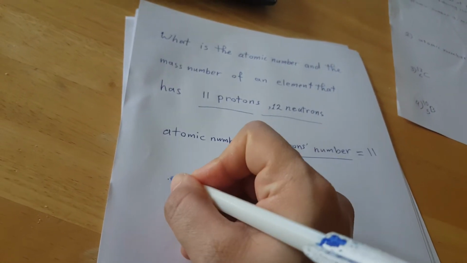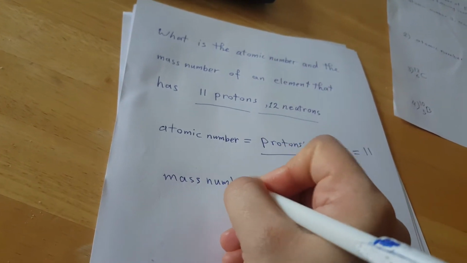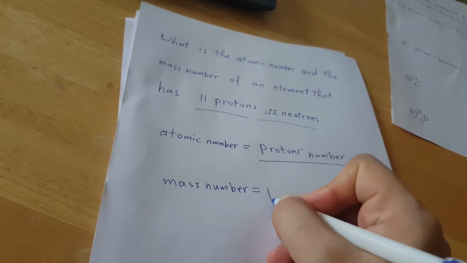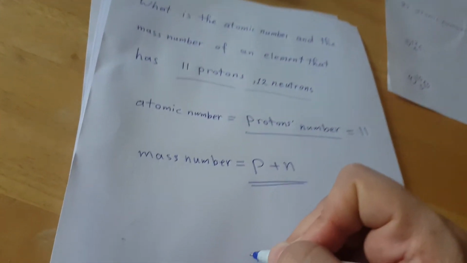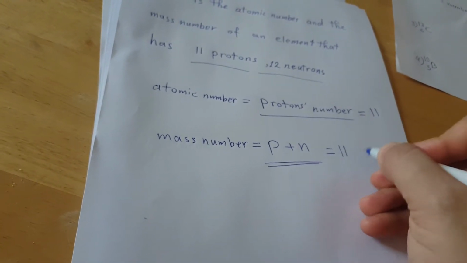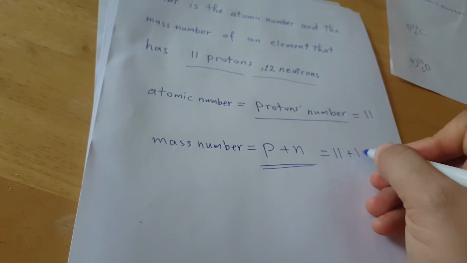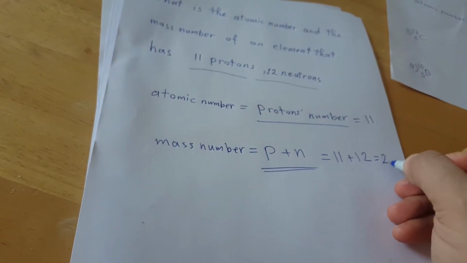Now, what is the mass number? We can say it is protons plus neutrons. Study it like this. Protons plus neutrons. So it is 11 plus 12, which is 23.